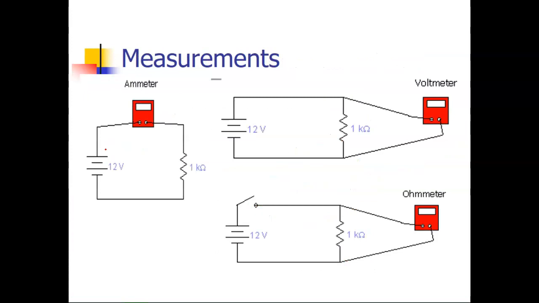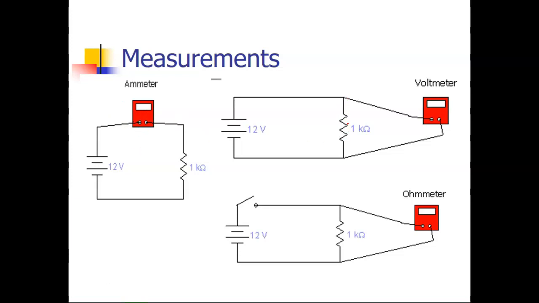So here's a good drawing of it. Your ammeter is part of your circuit. I don't know how many of y'all have gone to sporting events, but if you've ever had to go through the turnstile or the gate, it counts you, right? How many people have come in today? Here's this gate that's got so many people. That's essentially what an ammeter does.